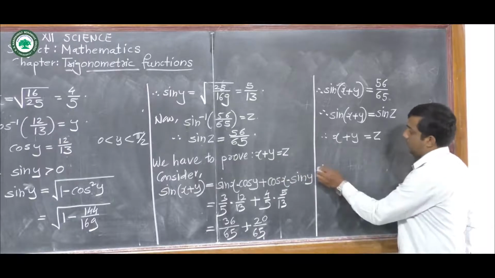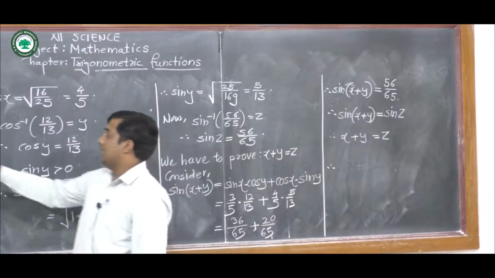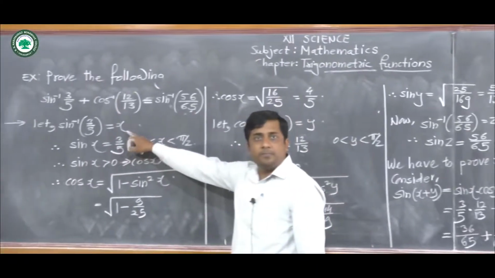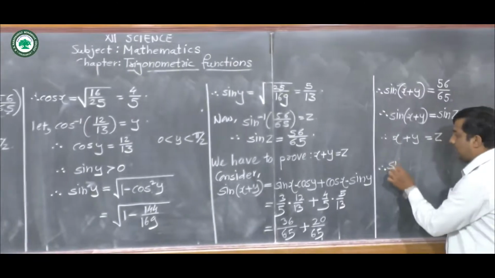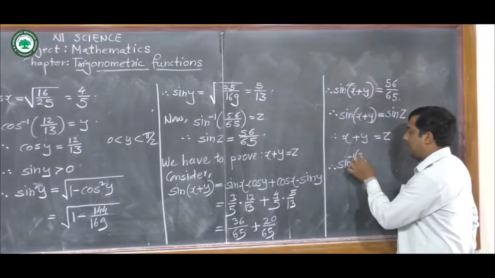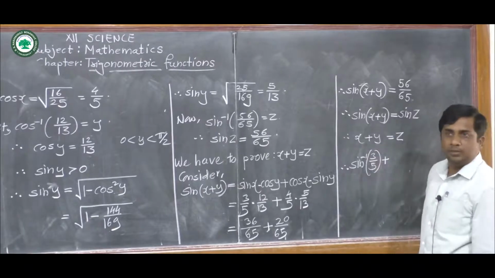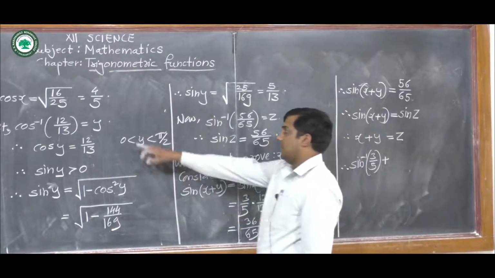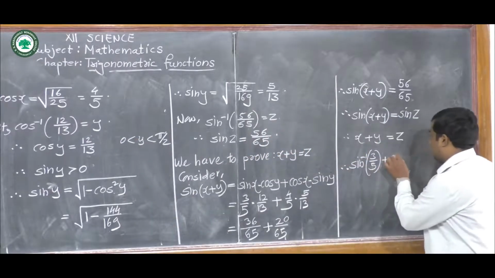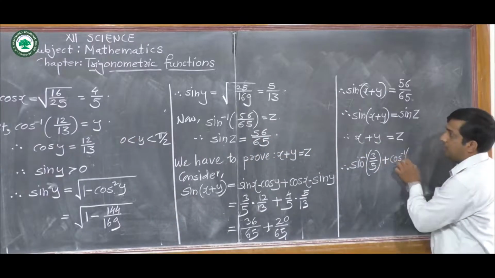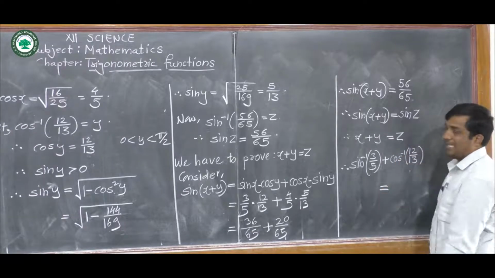That is, we prove that x, which is sine inverse of 3 by 5, plus y, which is cos inverse of 12 by 13, is equal to z.